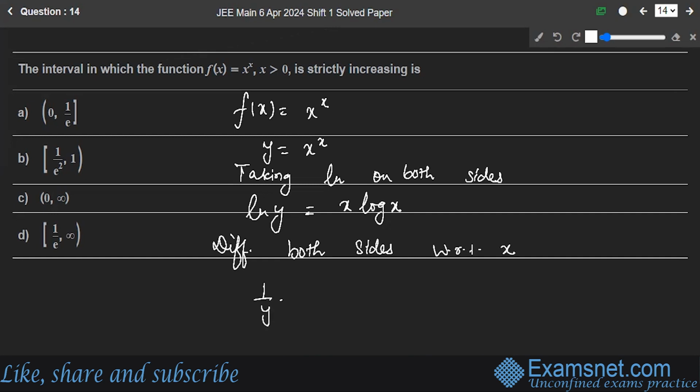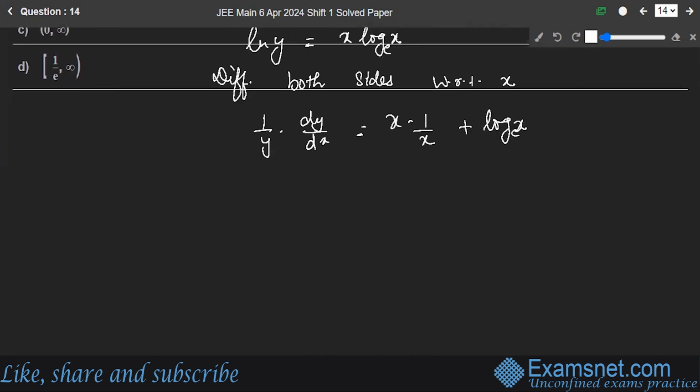You will have 1 upon y into dy by dx is equal to first function into derivative of second plus second function into derivative of first. This is natural log. This gives me dy by dx is equal to y into 1 plus log of x.